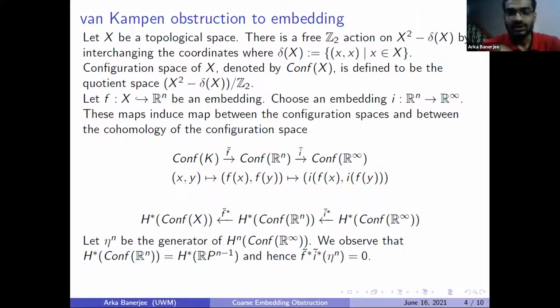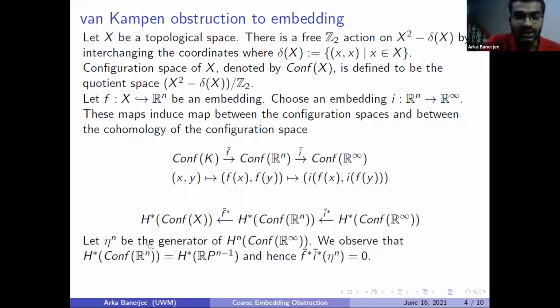It's not hard to check. So it's Z2 in all dimensions. So H star of configuration space of R infinity is equal to Z2 in Z2 coefficients. I should have said that earlier. All the cohomology I'm talking about here is in Z2 coefficients. So this cohomology is really the cohomology of RP infinity, and this one is the homology of RP n minus 1. So for RP infinity, you have Z2 in each dimension.